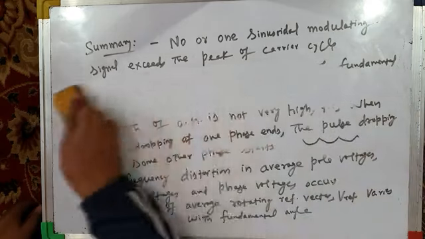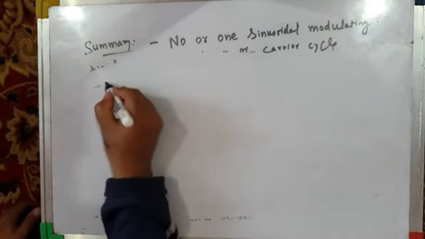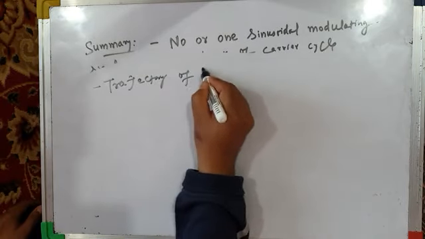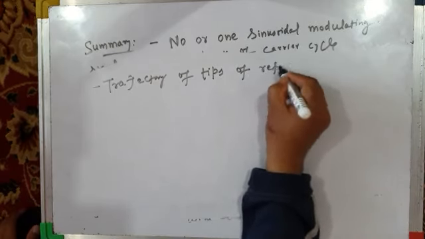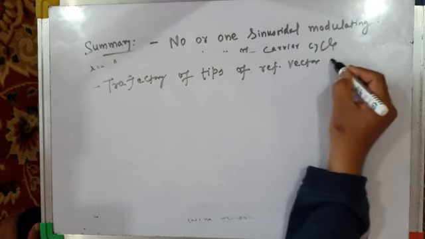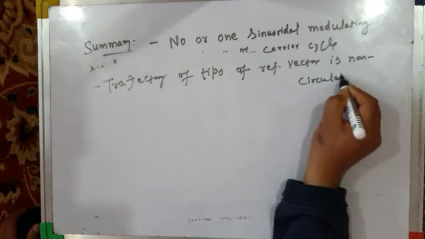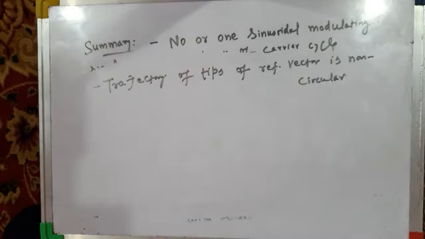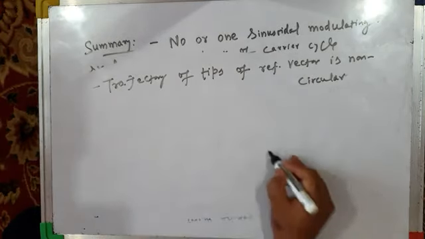Okay. And then we have seen that the next point is the trajectory of the tips of the reference vector is non-circular, because at an instant of time your reference vector may have some high value, and as you take more and more samples, its magnitude may decrease first, then it may increase.